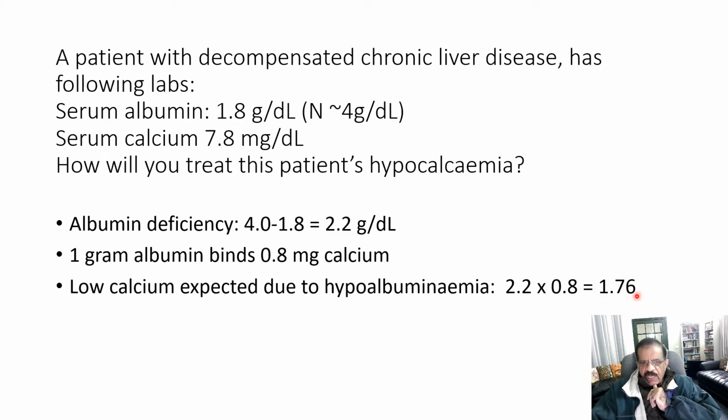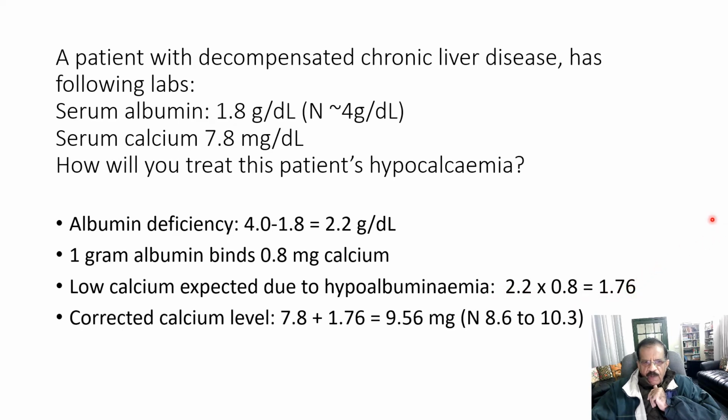Now if you correct it, 7.8, which is the value in this patient, plus 1.76, which would have been bound to this deficient albumin, the corrected calcium would be 9.56. Now if you compare with the normal range of 8.6 to 10.3, this falls within the normal range.